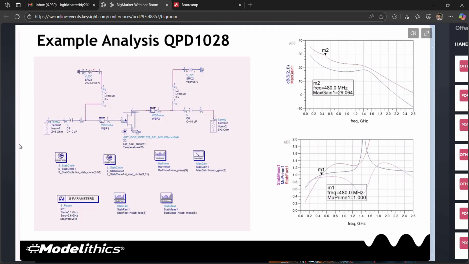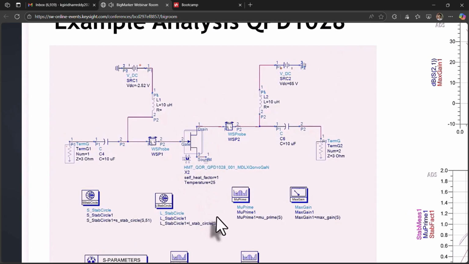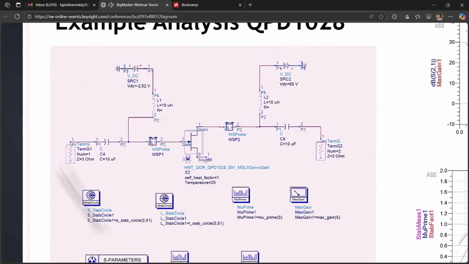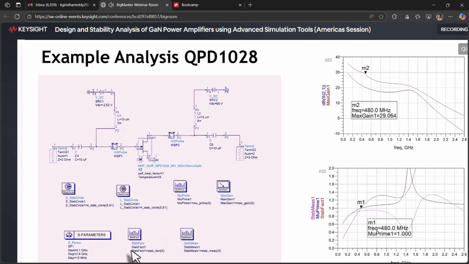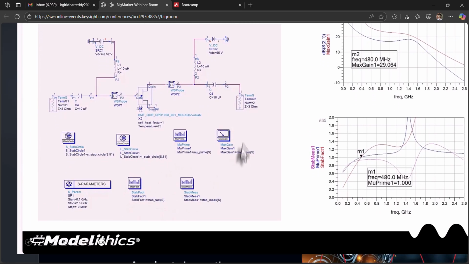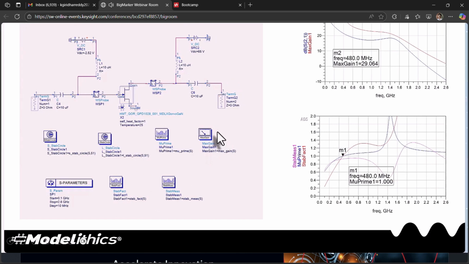That's a simple description. Let's look at an example analysis of a QPD1028 Qorvo transistor, with a model selected from the library. We just set up a simple S-parameter analysis here where we drop in the mu prime calculator parameter, the stability measure, and stability factor. We put in the maximum gain, which is useful to look at.